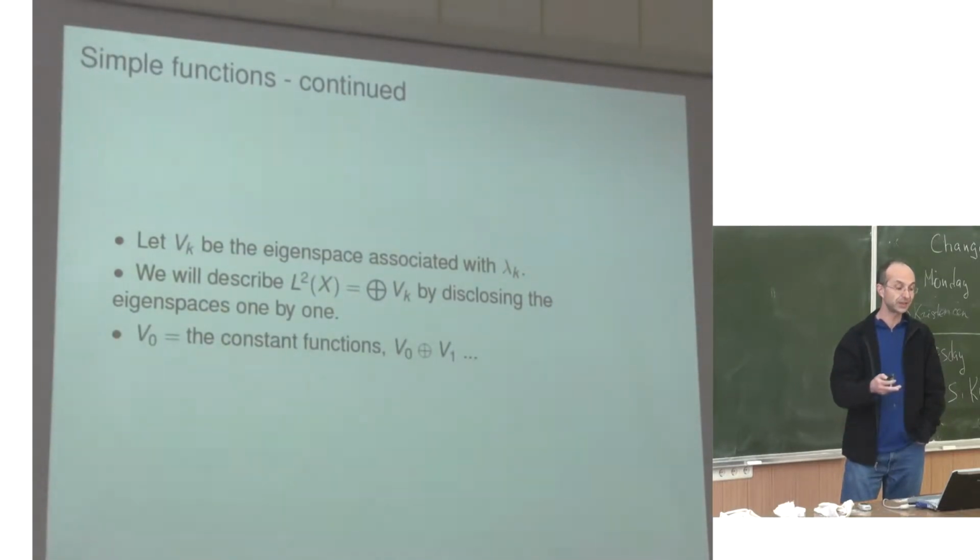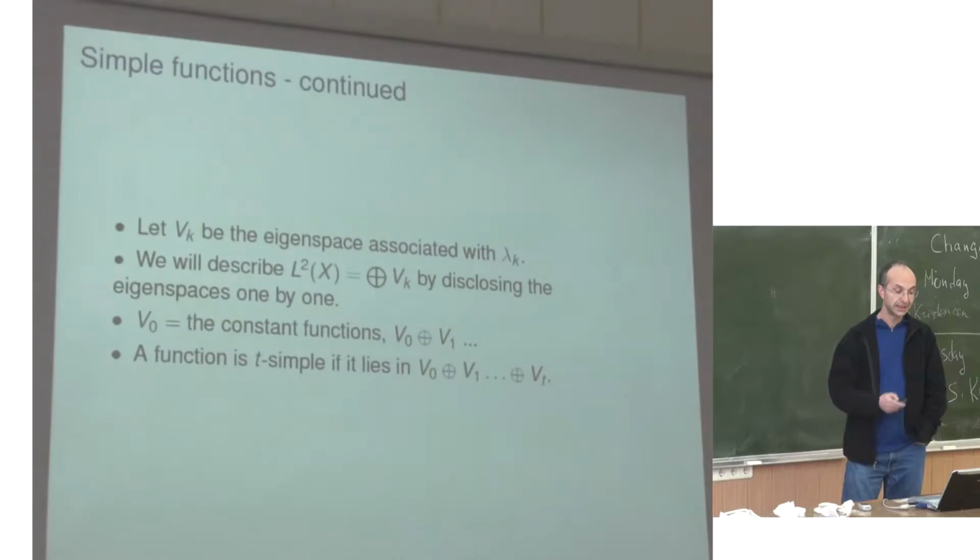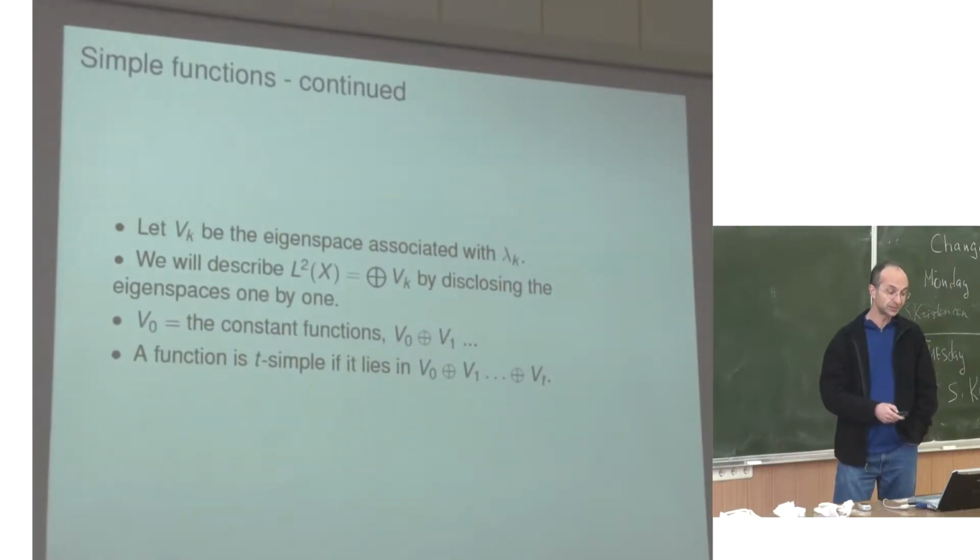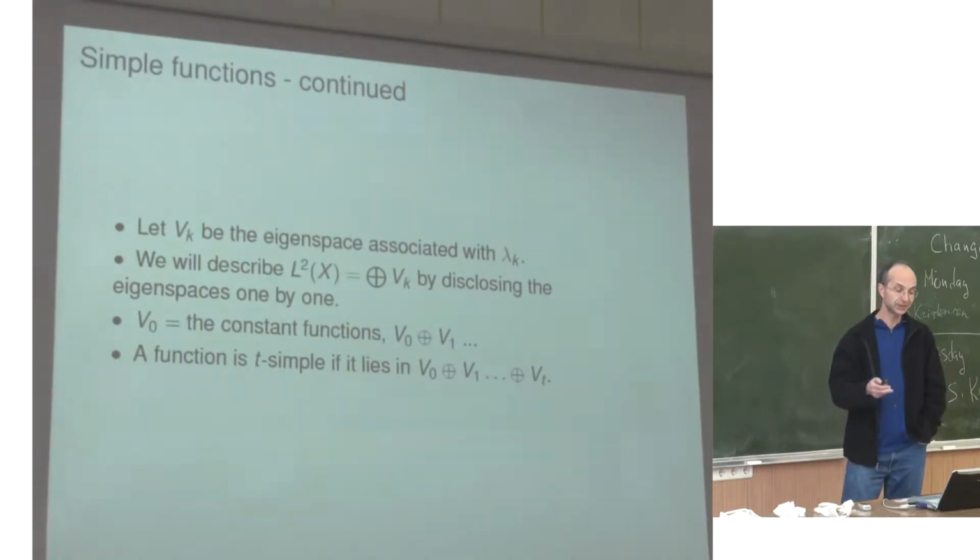The first eigenspace is just the constant functions, the second one corresponds to the first eigenvalue, and so on. A function is T-simple if it lies in the direct sum of the first T plus 1 eigenspaces. The intuition is that the functions become more and more complicated as the eigenvalues grow.